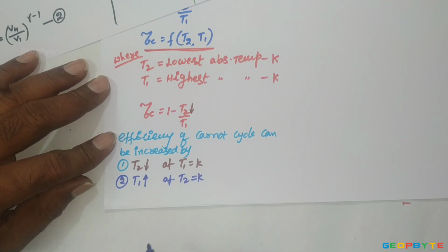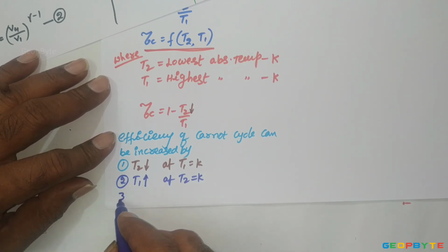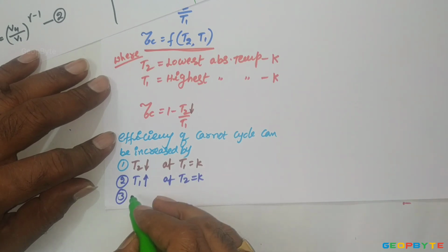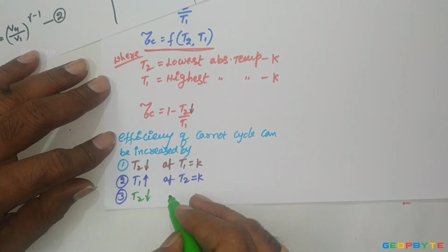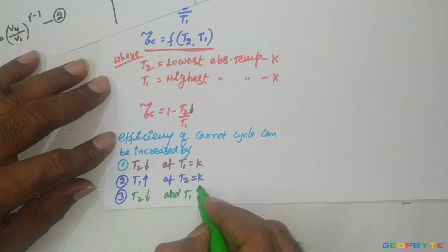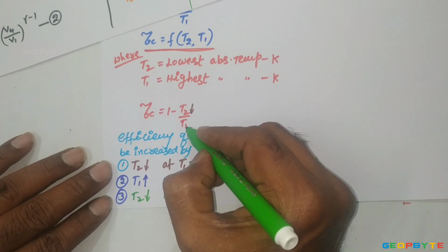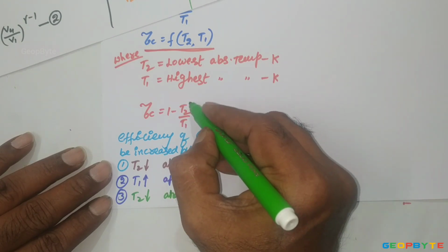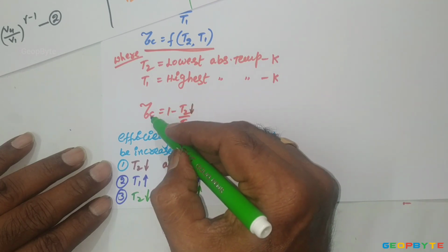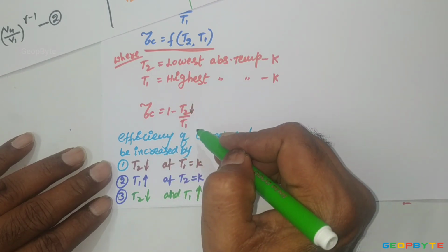The third option is by decreasing the lowest absolute temperature and by increasing the highest absolute temperature. If I decrease T2 by increasing T1, this factor decreases further and further, then efficiency is increasing at a faster rate.